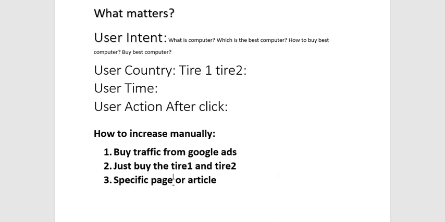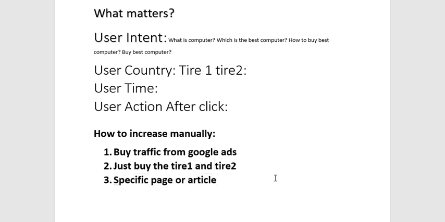And that article should be on keywords that, as you may know, people say are high in paid keywords. Insurance, health, and finance keywords are always rich, because finance is something expensive.